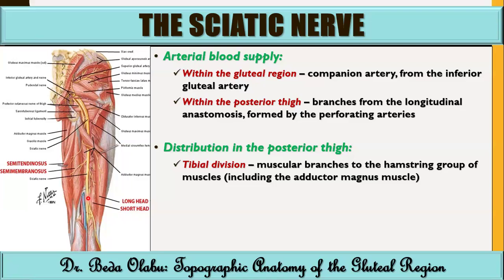The tibial division of the sciatic nerve gives muscular branches to the hamstring group of muscles. So that means the long head of biceps femoris, the semitendinosus muscle, as well as the semimembranosus muscle.